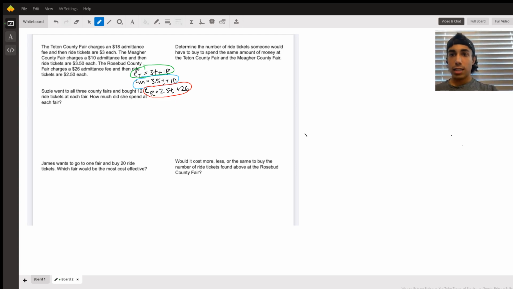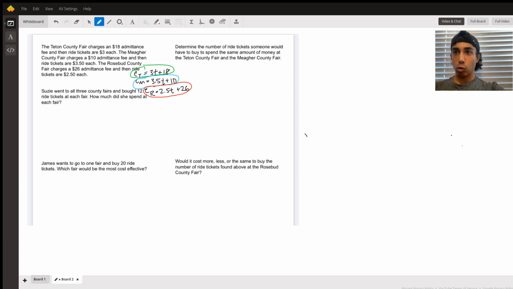It says, Susie went to all 3 fairs and bought 12 tickets each. How much did she spend at each fair? That's saying that T is equal to 12, the number of tickets we bought. So I'm going to go through each of our equations and plug in 12 for T. The cost at Teton would be 3 times 12 plus 18, which comes out to $54.